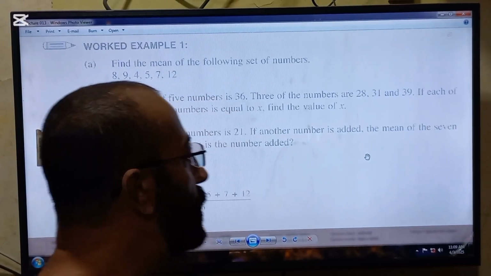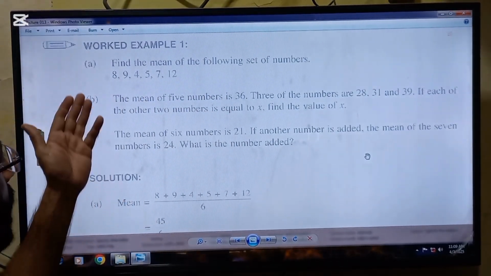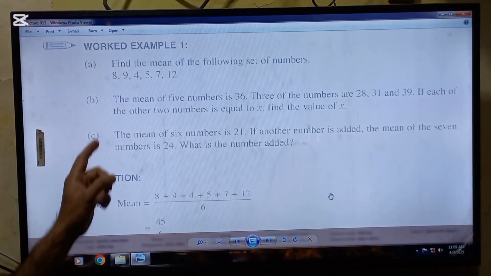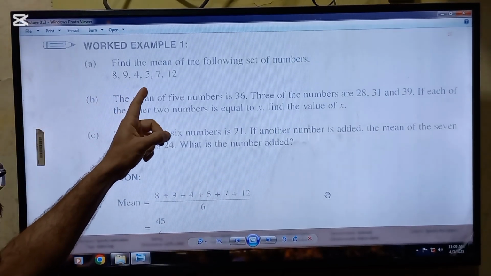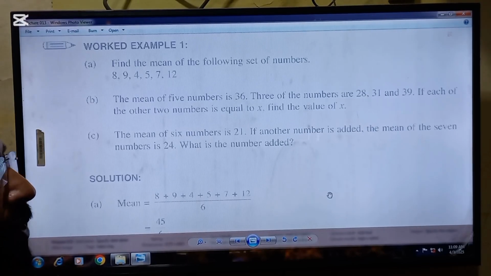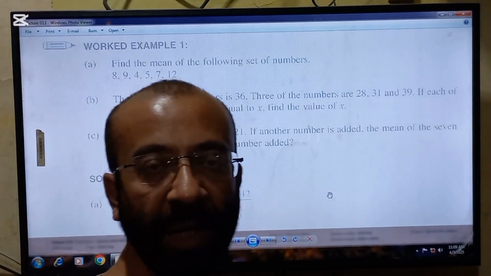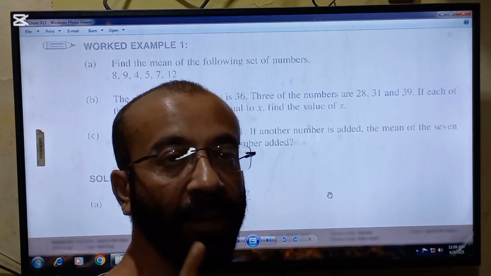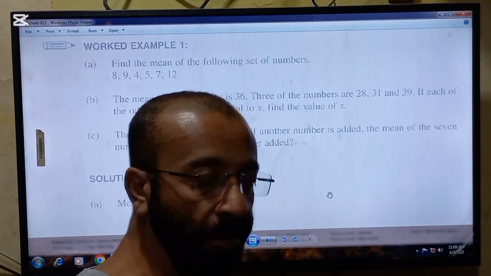Here are some questions to explain the topic. A part is find the mean of the following set of the numbers, and numbers are 8, 9, 4, 5, 7 and 12. The point to remember is there is no need to arrange the data in ascending or descending order if you are going to find the mean.